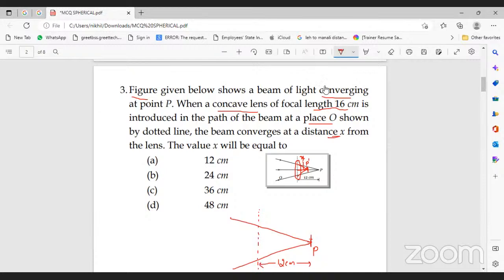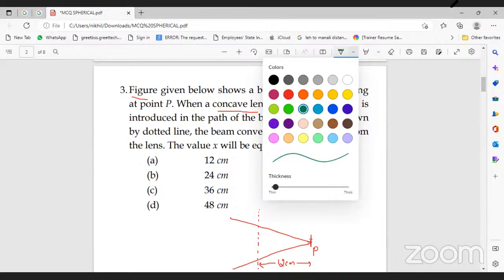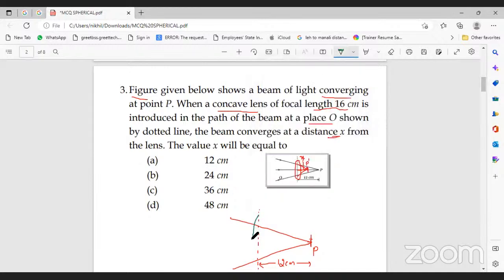Now, if I put a lens, it is going to converge to one particular point. This is P dash, which is at a distance x from the lens. Correct, no? Yes, sir.